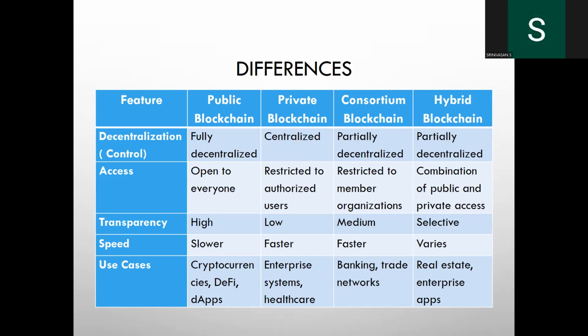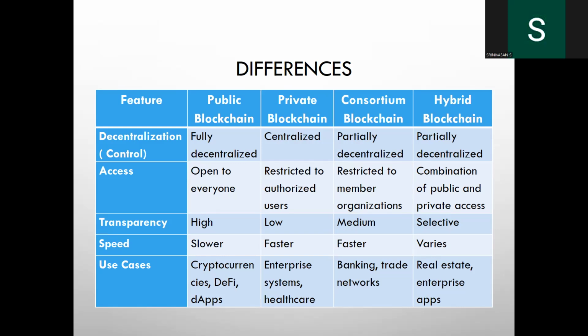Regarding transparency, public blockchains provide high transparency, while private blockchain offers low transparency, and consortium as well as hybrid blockchains offer moderate transparency.